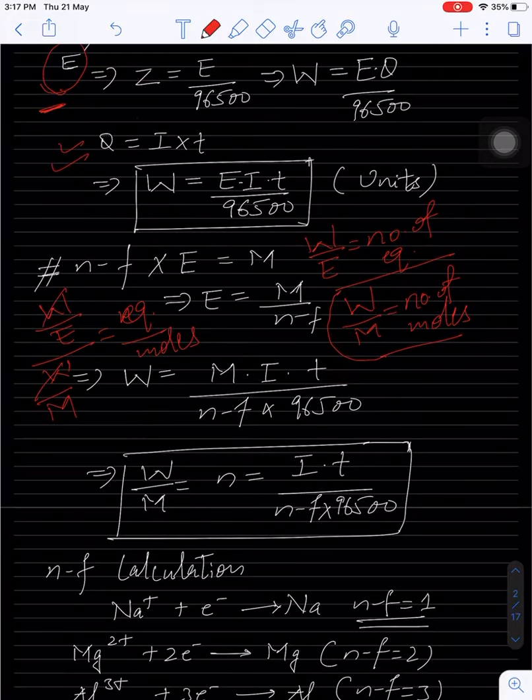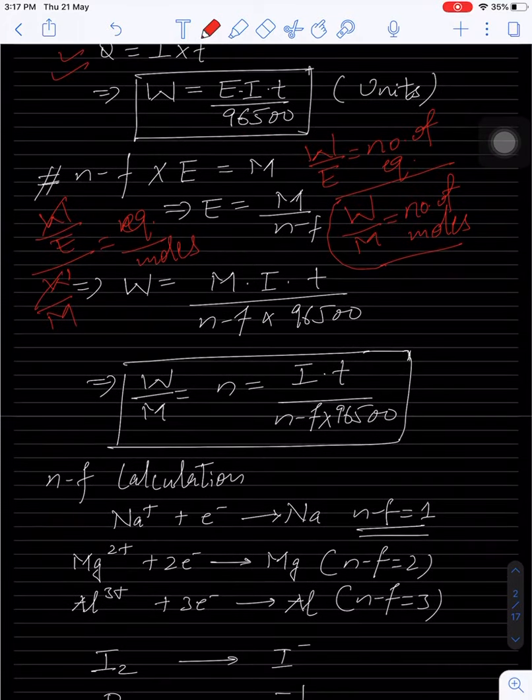Cancelling this, M by E, we get, now put equivalents equal to number of moles into n factor. So moles into n factor upon moles equals molar weight upon equivalent weight.